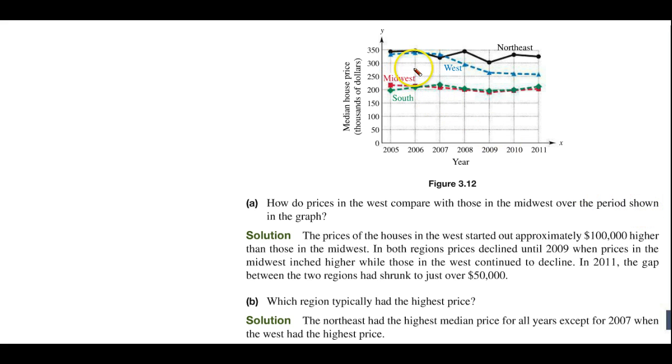So there's the West, and then there's the Midwest. Well, generally the prices in the West were higher, and they're indicating that by $100,000. And in both regions, prices declined until 2009. That is a slight dip.